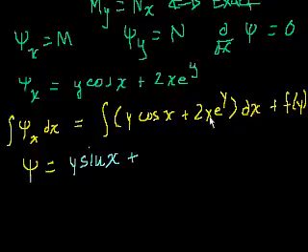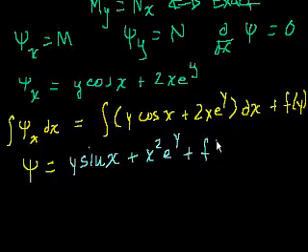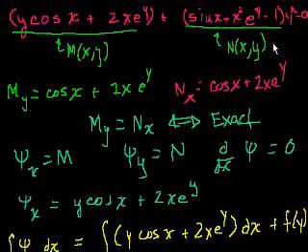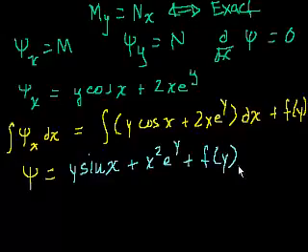The antiderivative of 2x with respect to x is x squared, so it's x squared e to the y, and then plus some function of y. If you want to verify this is true, take the partial of this with respect to x. You're going to get this in here, which is our function m up here. And the partial of the function of y with respect to x is 0, so it gets lost.